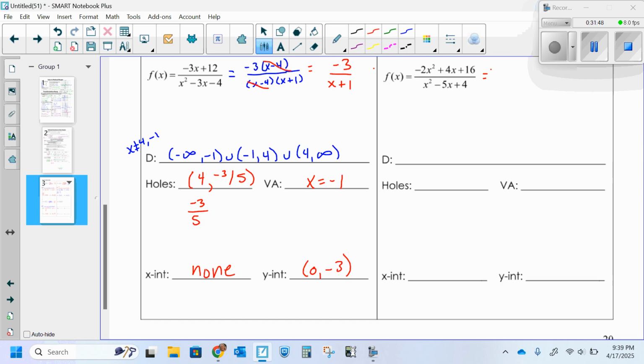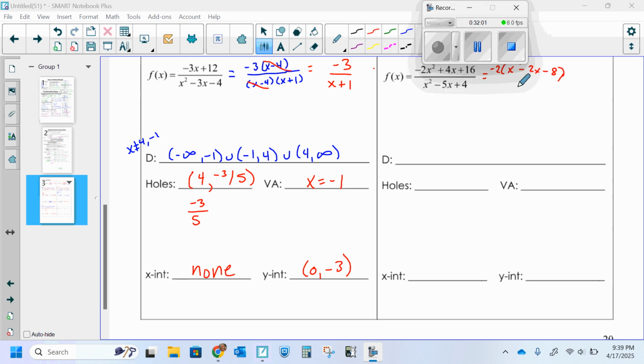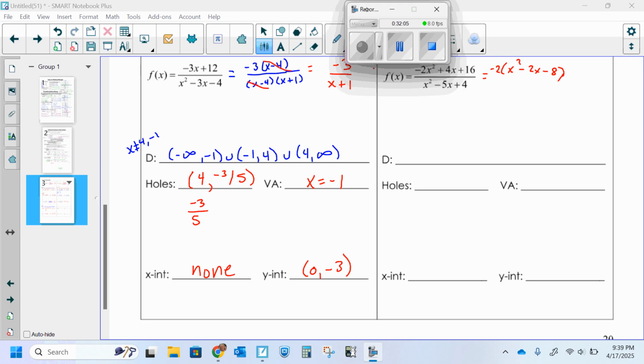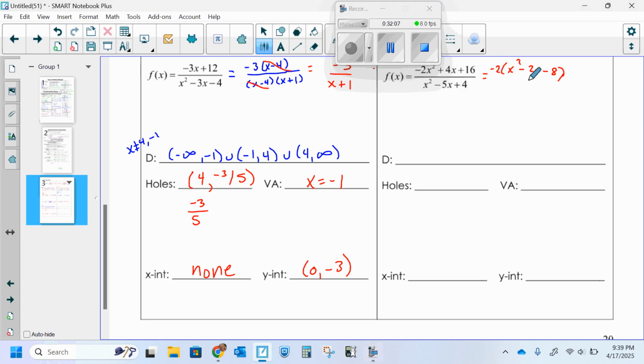All right, let's take a negative 2 out of that first. Sorry, my little thing is in the way. I didn't finish factoring, I know.